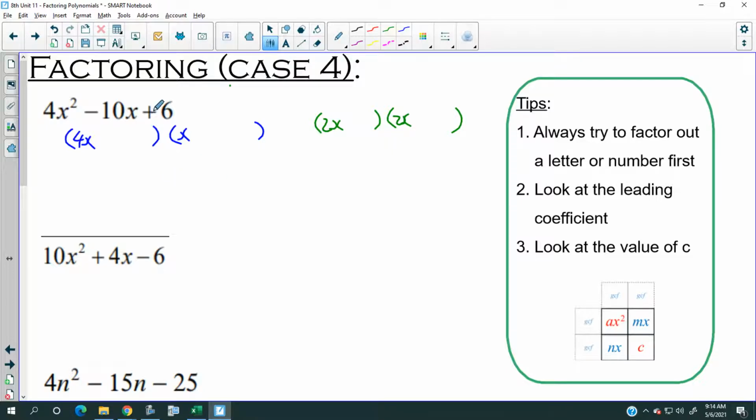Anyways. Now, I also want to say this. I looked at the Regents questions. When it comes to case four kind of stuff, these numbers, although they are not prime, on the Regents, if it's a case four question, they don't have a lot of different factors.